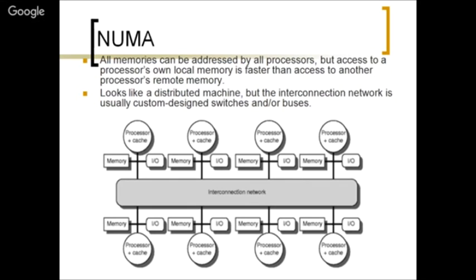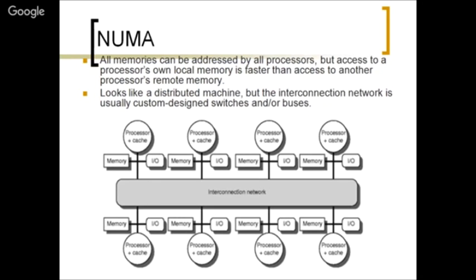Till now we discussed the uniform memory access. Now we have NUMA, non-uniform memory access. All the memories can be addressed by all the processors. Nothing is private; you can say shared memory is there. All the memories can be addressed by all the processors, but access to a processor's own local memory is faster than access to other processors' remote memory.